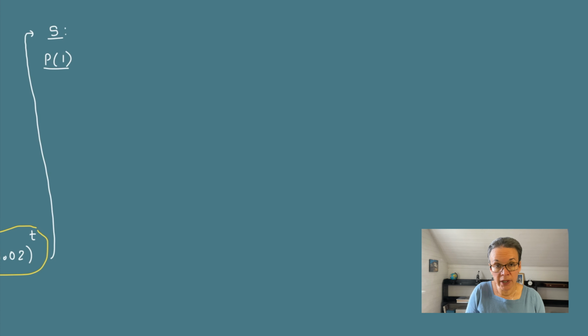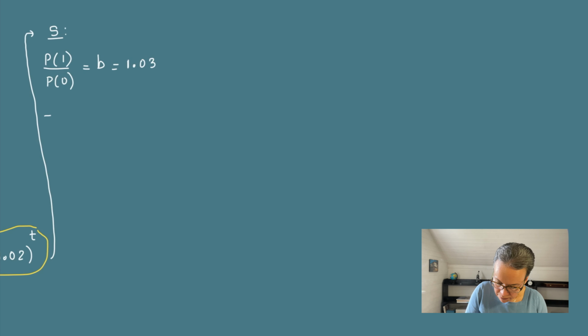Now, let's go over here. We're going to go ahead and do Surrey. So now again, I'm going to do the ratio of the population at 1 over the population at 0. And I know that this is going to be equal to B. And following the same analysis that we did here on the left, I know that B, the common ratio, will be in this case 1.03, because for Surrey it's a 3% annual increase.